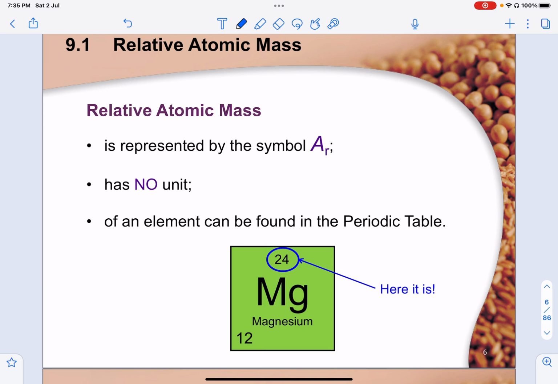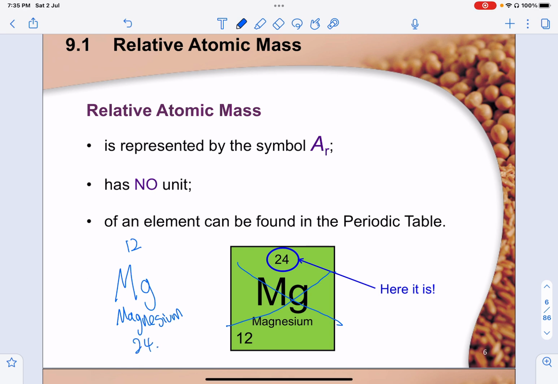On a periodic table, this is the old periodic table, how it's usually found is generally the bottom number. Now the new one has the symbol in the middle, the number of protons at the top, which is the atomic number, followed by the mass number, which is 24 at the bottom.